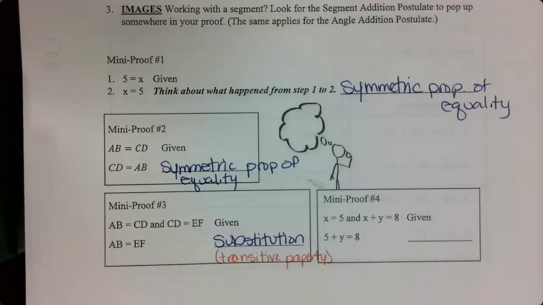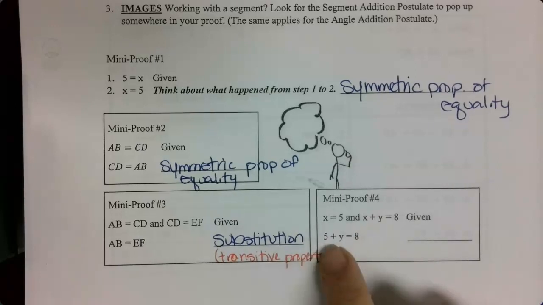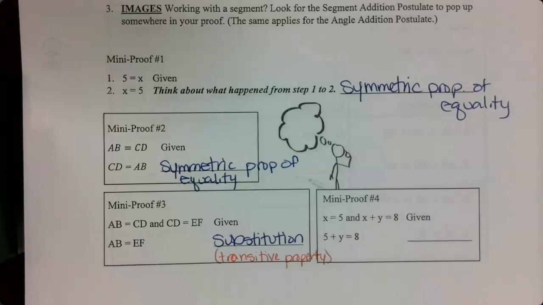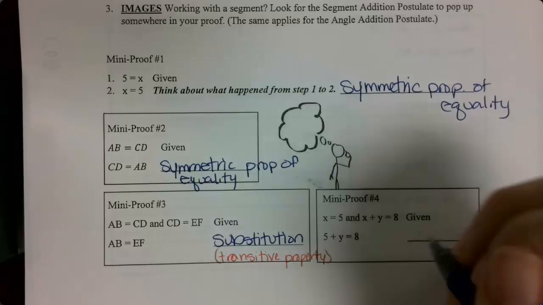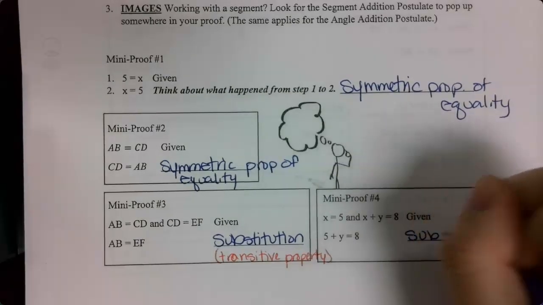Okay, so on the next one I have x equals 5 and then x plus y equals 8. Those are my givens. Then in the next step I have 5 plus y equals 8. So what did I do from the first step to the second step? Substitution. I replaced that x with a 5.